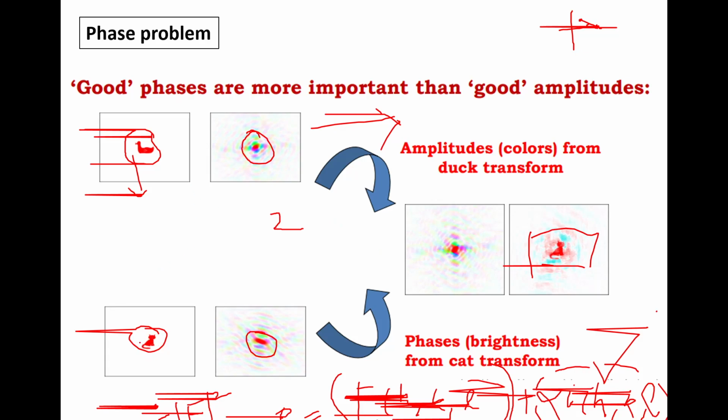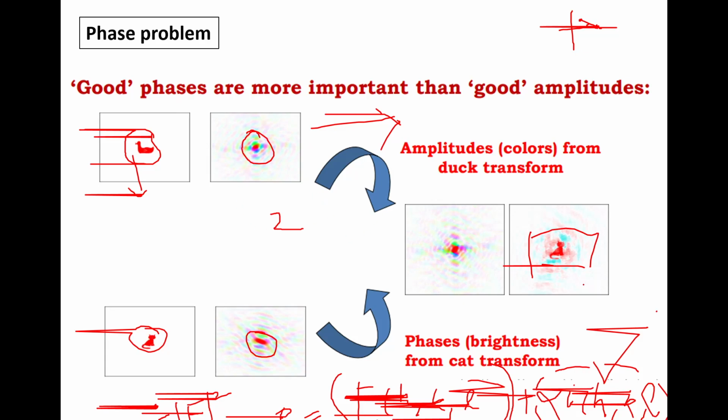You have not taken the amplitudes of the waves associated with the cat image, but you have taken the phases of the cat and associated them with the amplitude of the duck. If the amplitude were important, the final image should look like a duck.